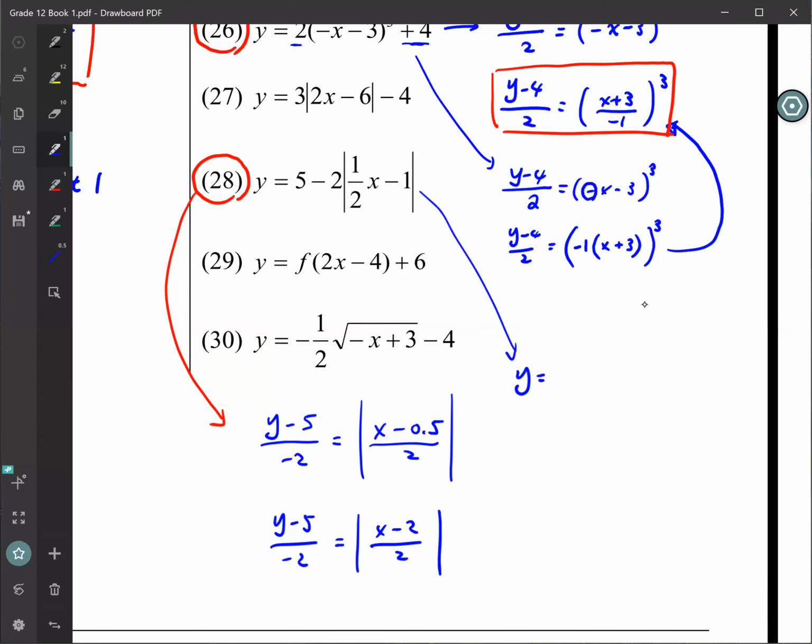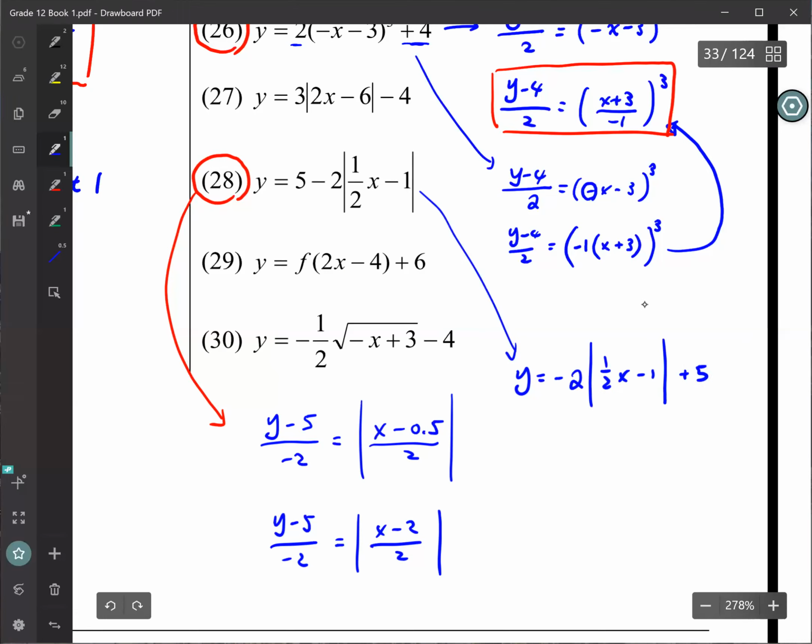This part is the same as negative 2 multiplied by half x minus 1, add a 5. Because when you add a 5, I can either put it at the front or at the back. It doesn't change, because adding is movable. So once you get here, it's very clear what to move over. You move the 5, so it becomes subtract 5 and divide by negative 2. So that part is fine.